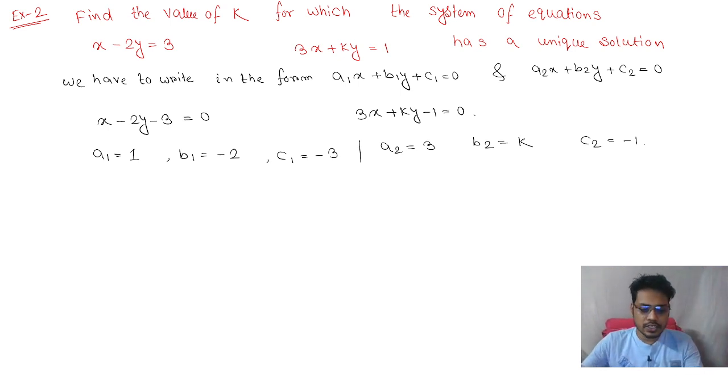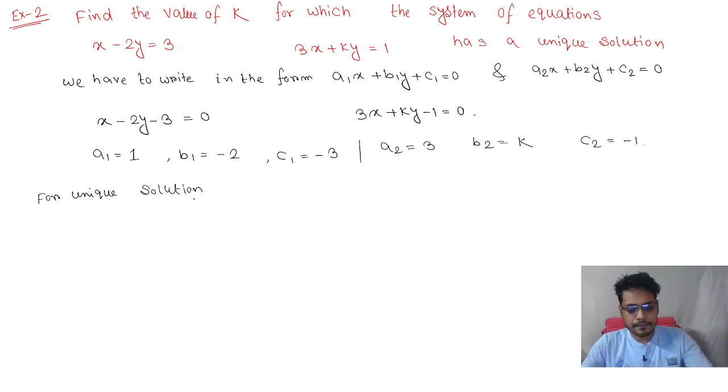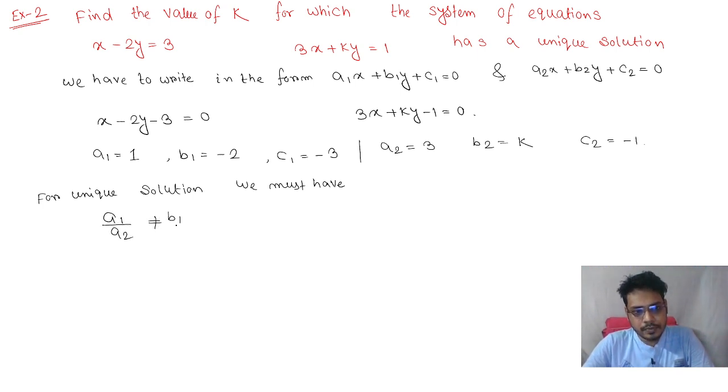So for a unique solution, we know that we must have a1 by a2 not equal to b1 by b2.